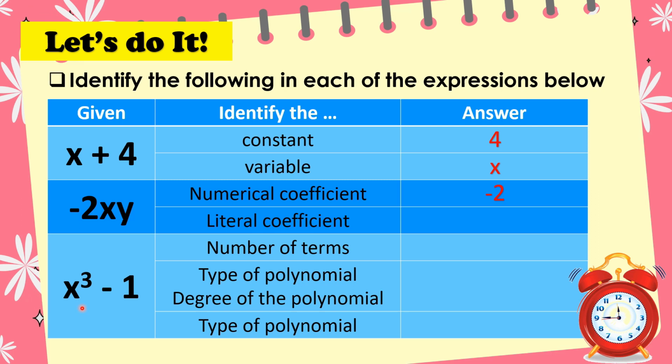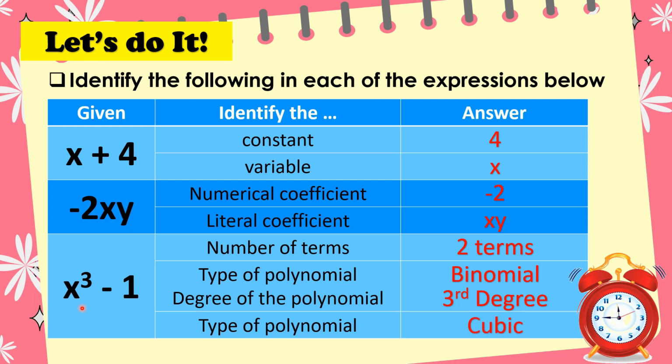And what is the literal coefficient? xy. Now, in the last expression, what is the number of terms? 2 terms. And what do you call a polynomial with 2 terms? Binomial. And now, what is the degree of the given polynomial? 3rd degree. And what do you call a polynomial on the 3rd degree? Cubic. That is correct.